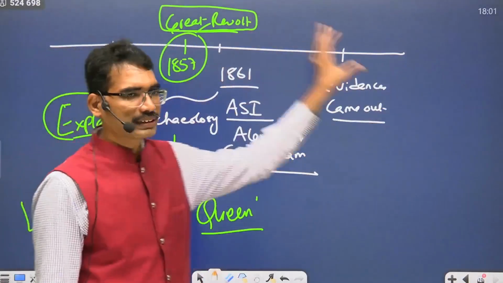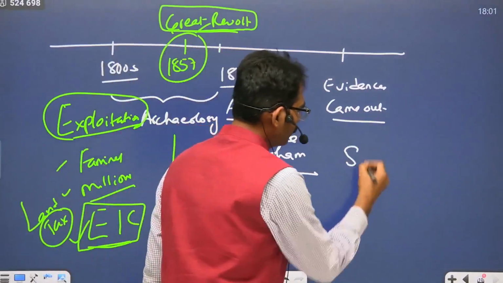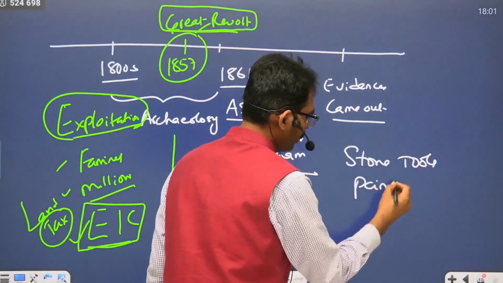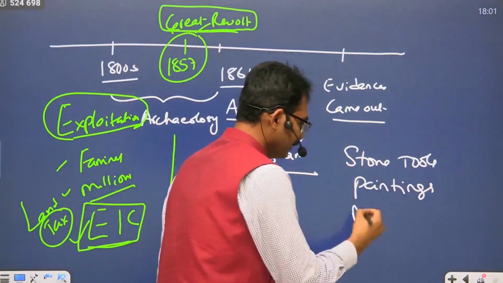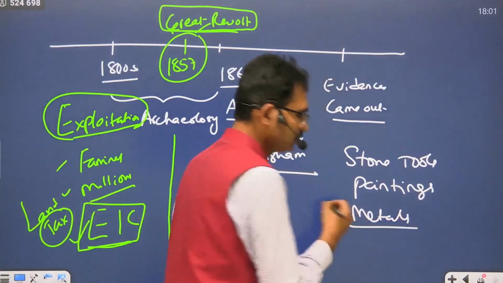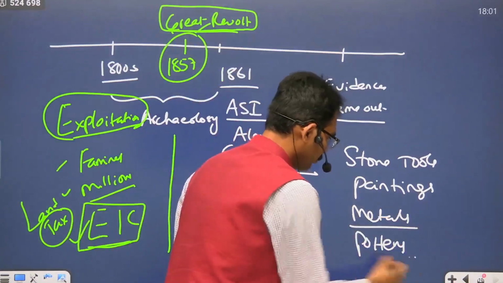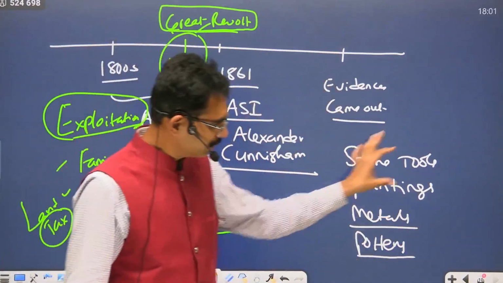In many places, evidence came about different stone tools, different paintings, different metals, different pottery. When they dig out, when they explore new areas, they are coming to know this.